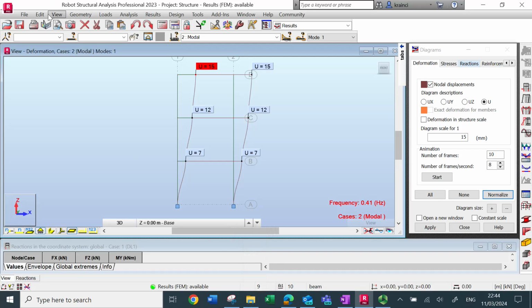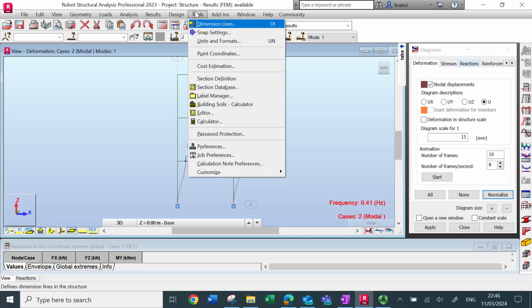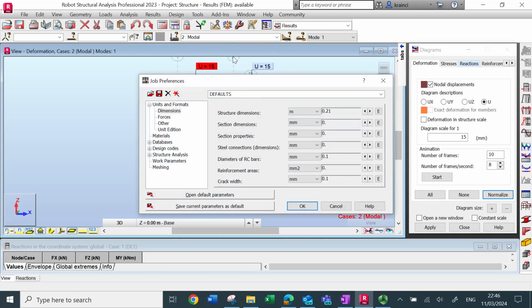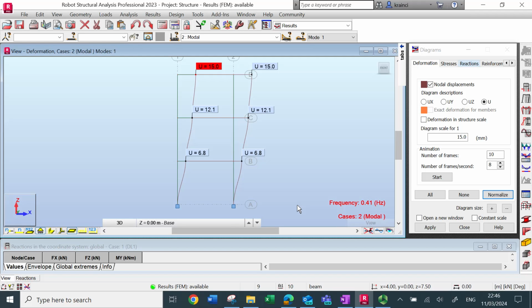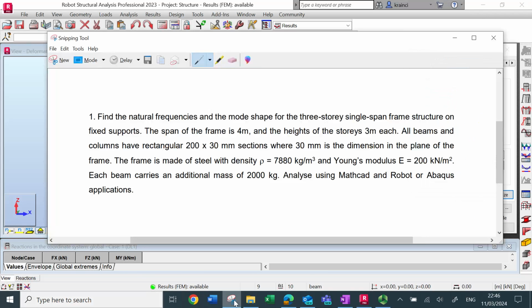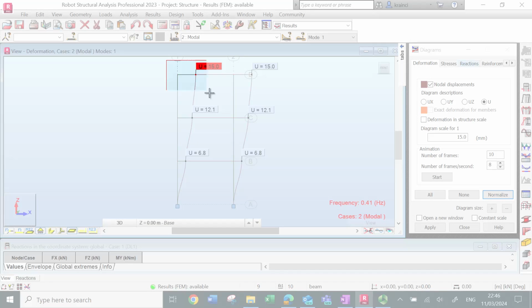If higher accuracy is needed, tools, units, and formats. And this one is other displacement, and I will add one more. Okay, so that's basically to make it a bit more accurate. So I can now take a screenshot.